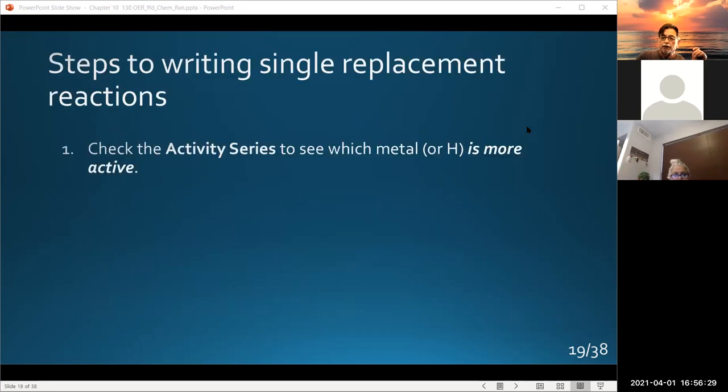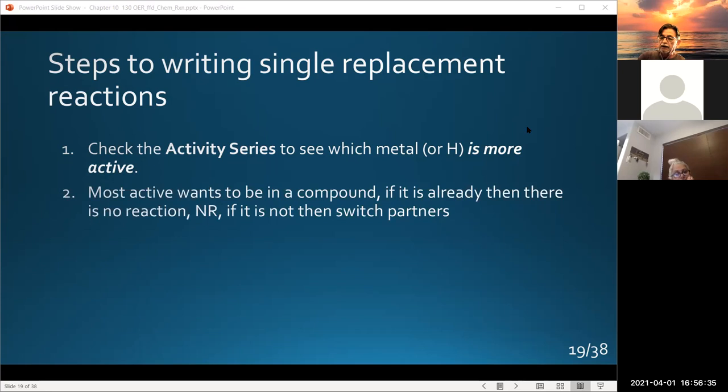All right. So what do we do first? We check the activity series, find out which metal is more reactive. Then ask the question, is the most reactive metal in compound form or ionic form? If the answer is yes, then no reaction. If the answer is no, then the reaction occurs. We just switch the partners around.